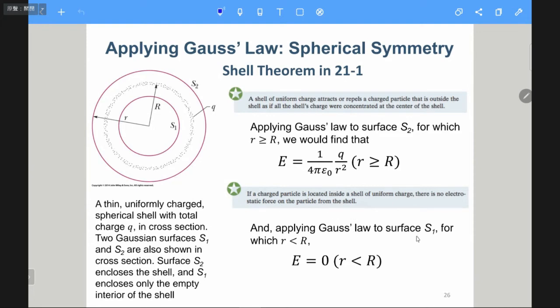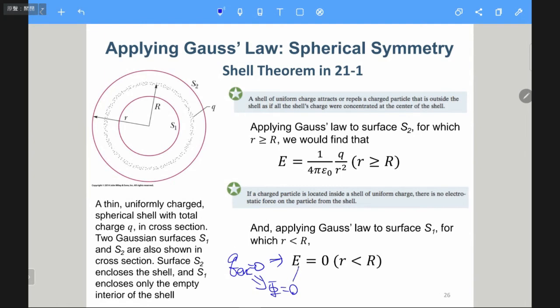Here we assume the Gaussian surface S1, which has a smaller radius than the sphere. We can clearly see that there is no charge enclosed by S1, which means Q enclosed is 0. So we have phi equal to 0, and the E field should also be uniform.